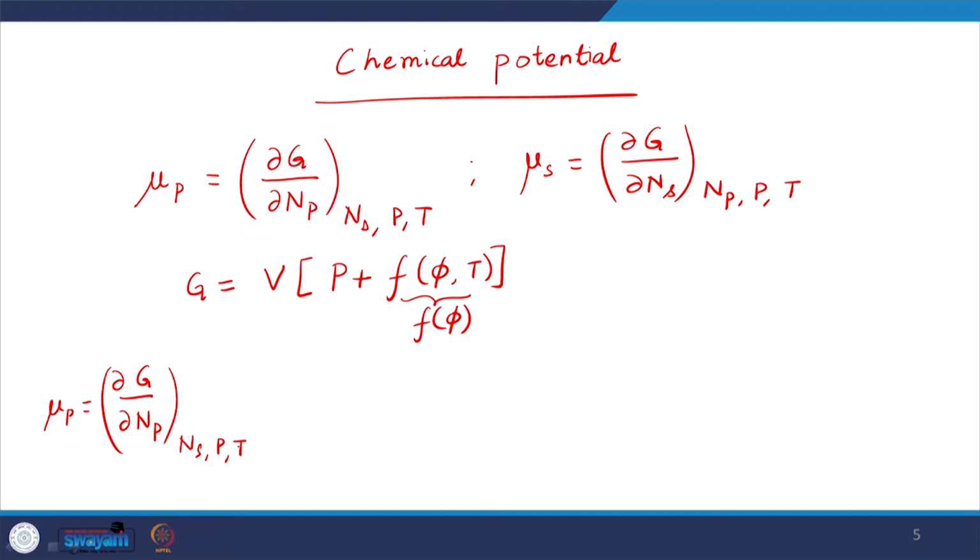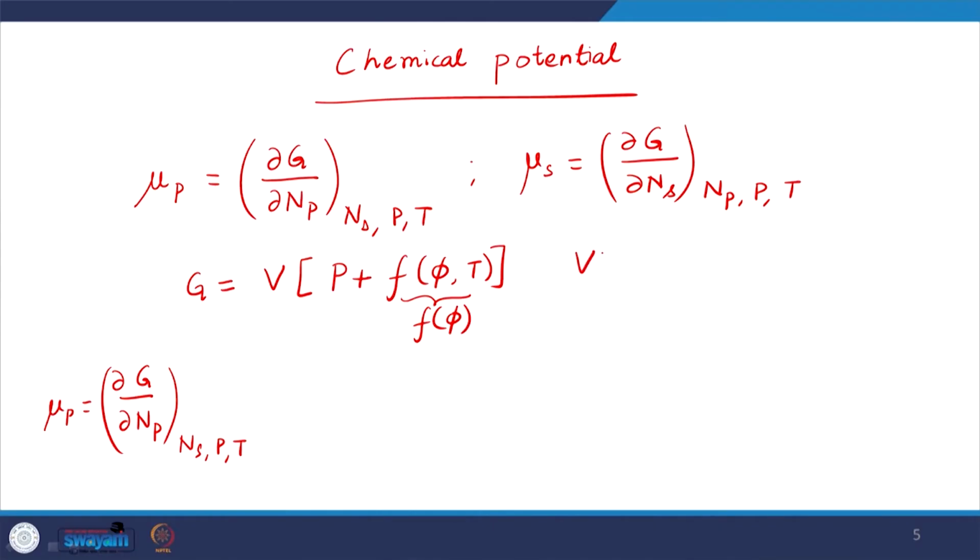again we have to be a bit careful here, because as the N_p is changing, the volume is also changing, right. So, the volume is equal to N_p V_p plus N_s V_s.